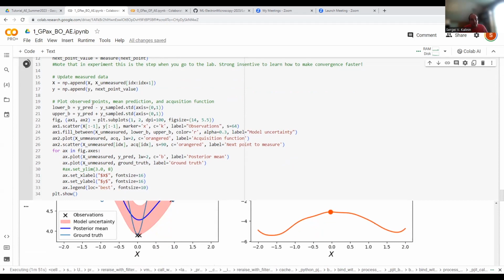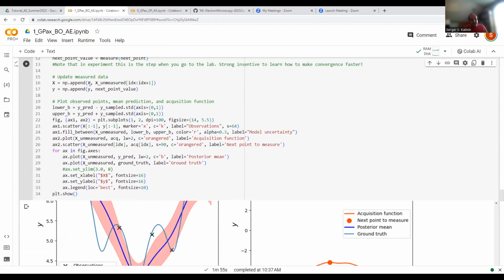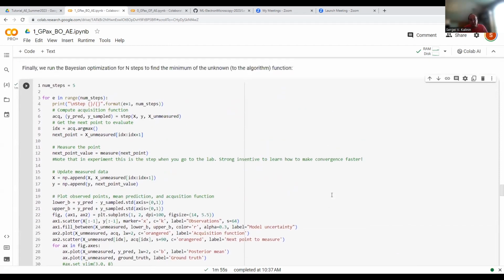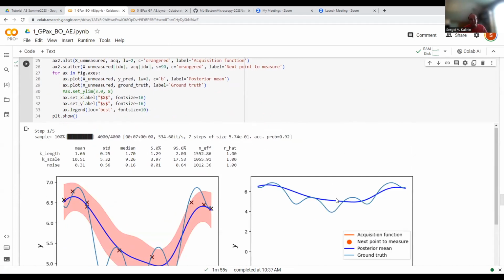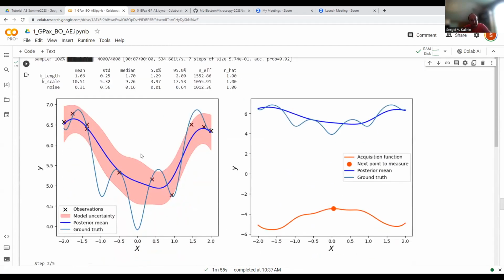Then what we are going to do is simply update the measured data. We update the measured data by adding the point where we did the measurement, we update our y values, and then we plot our results. Our result is the ground truth, the predicted function, and the uncertainty interval. So let's see what happens in this case.